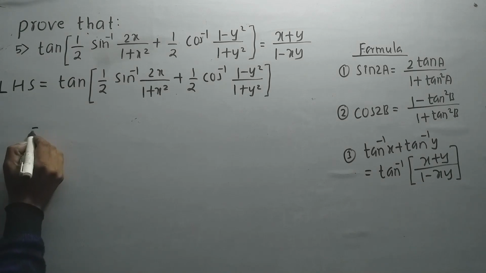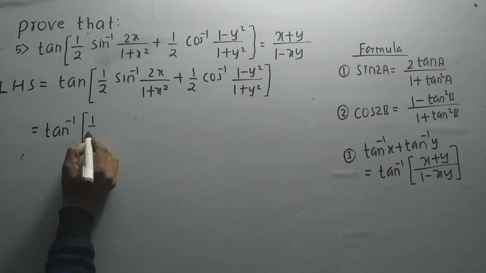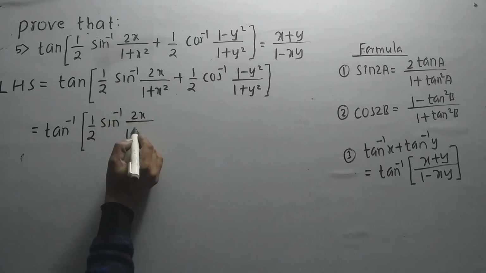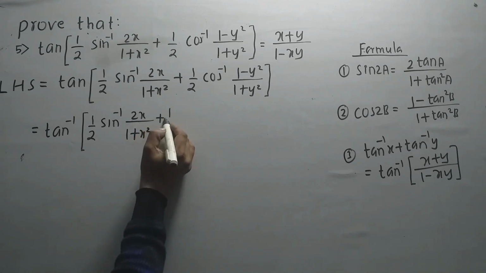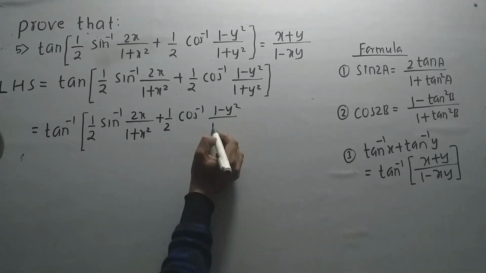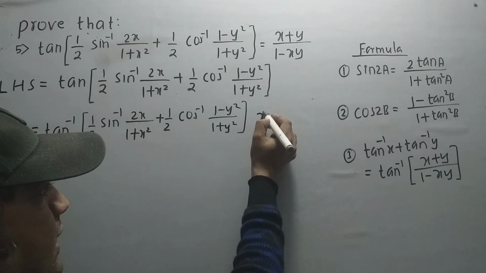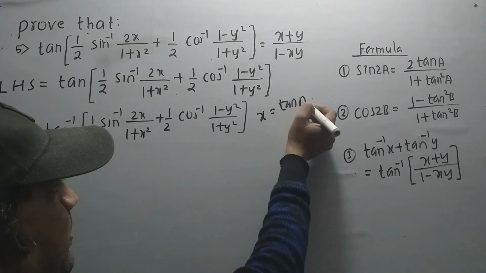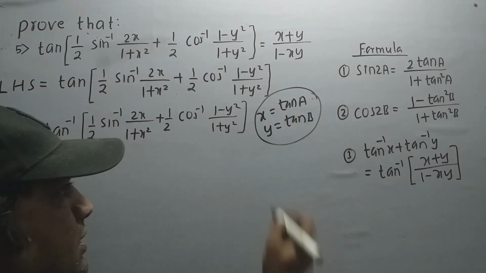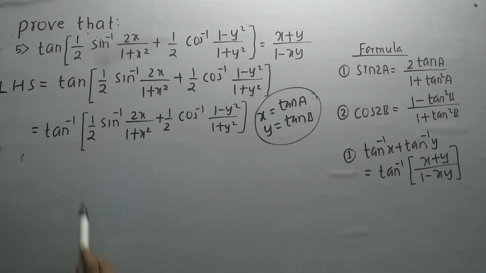What I am explaining here is, you write x equals tan a and y equals tan b. But why? Because now it appears 2 tan a divided by 1 plus tan square a.